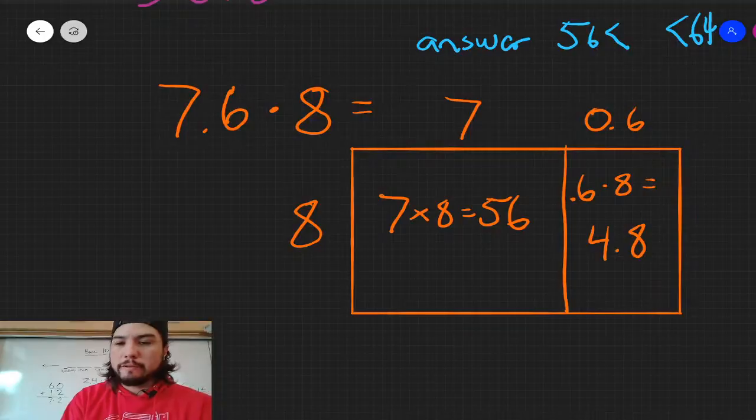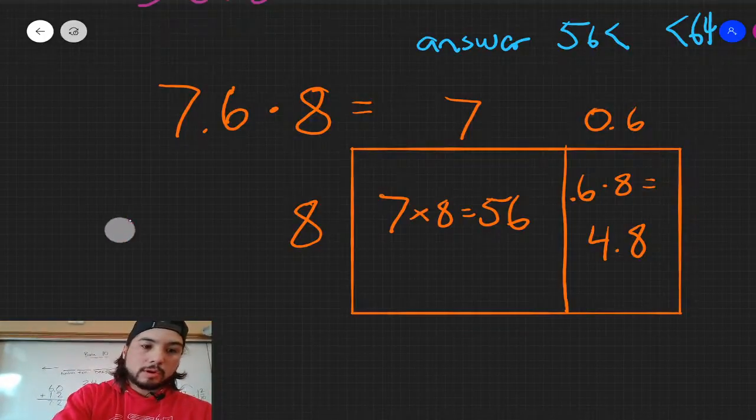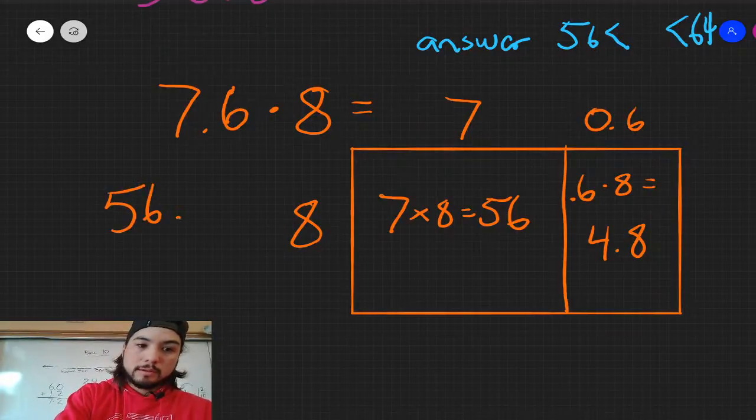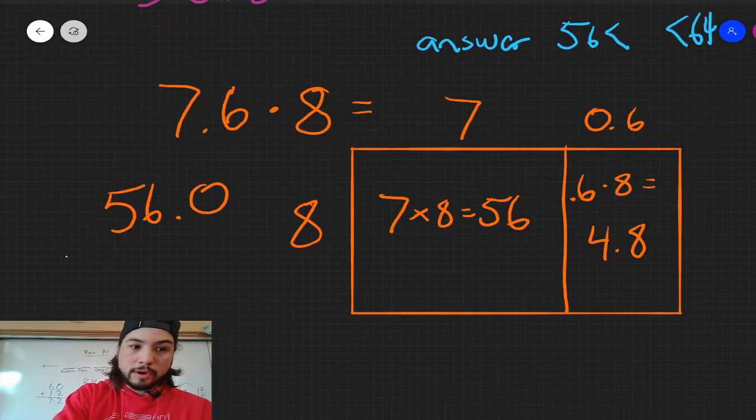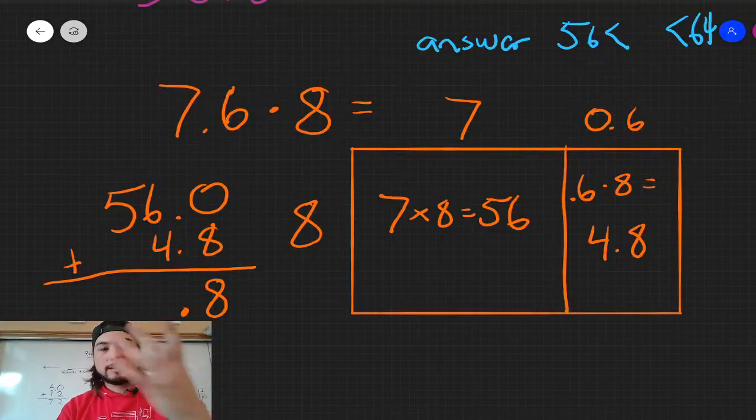So now we have 56 plus, let me go back in orange for our main problem here. 56, and I'm going to put 0 tenths so I remember where the tenths place is, plus 4 and 8 tenths. 0 tenths plus 8 tenths is still 8 tenths. Keep your decimal point. And then 56 plus 4, 56, 57, 58, 59, 60.